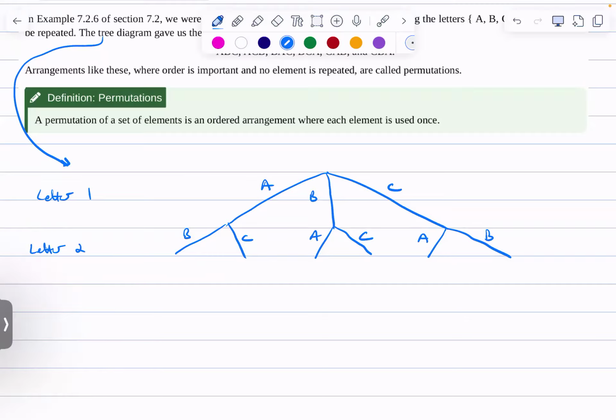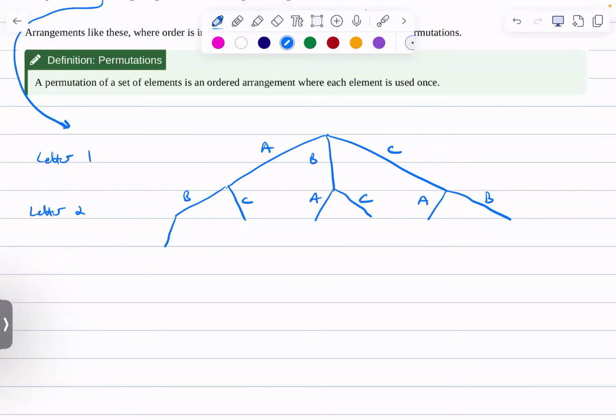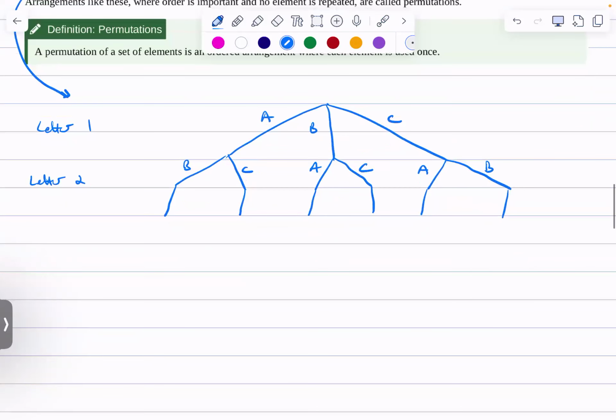Now, depending on the branch that you headed down, there's really only one option. If you've done A, B, then the last letter has to be C. If you've done AC, then the last letter has to be B. B, A, C, B, C, A, C, A, B, C, B, A.